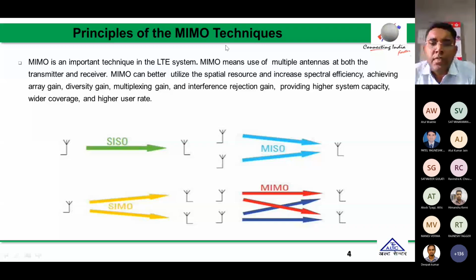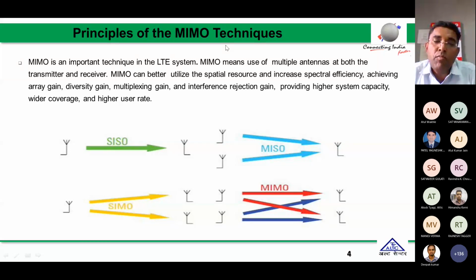That means the 3G network is a WCDMA based technology, where all your data is transmitted and received on the same frequency at the same time. All users are transmitting their data in the same frequency and same time domain. That's why 3G is an interference limited network.